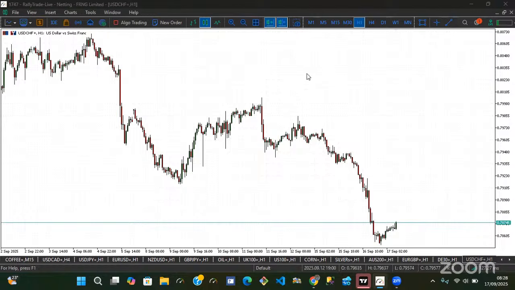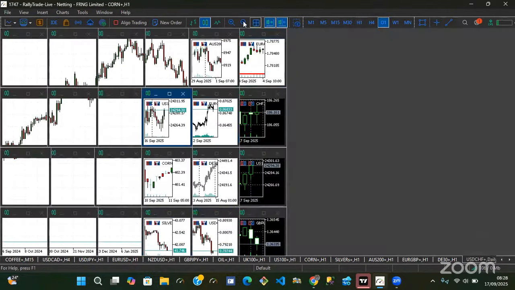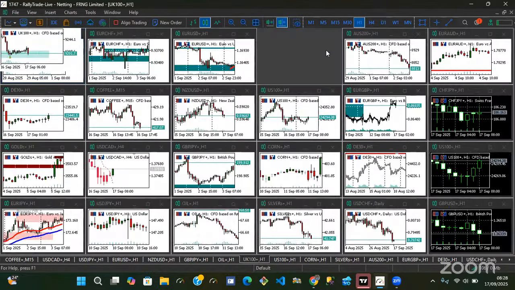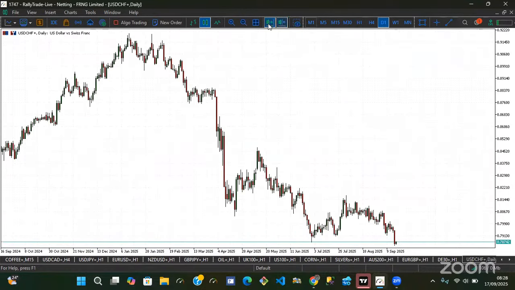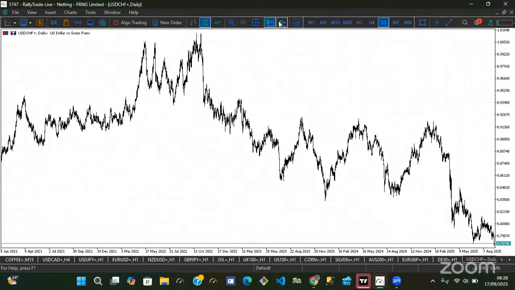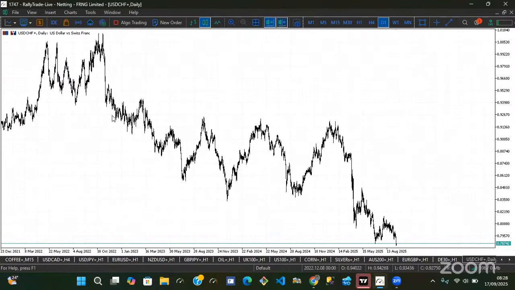So USD CHF also, if we start from a higher time frame, you also notice that this guy is on the downtrend. You can see from the very high time frame that it is massively down.